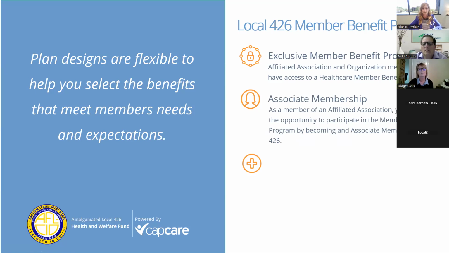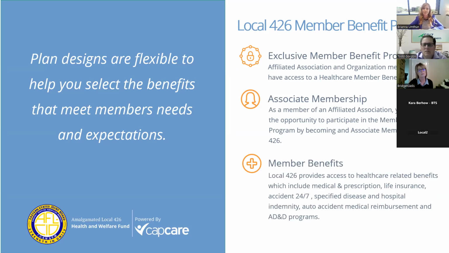As a member of your affiliated association, you have the opportunity, by becoming an associate member of our local union, and when folks hear the word union, no worries. This is really the vehicle that allows us to get these benefits to you. There's no voting, no collective bargaining. Again, it's the vehicle that allows us to get the benefits down to small employers, independent contractors, or sole proprietors.